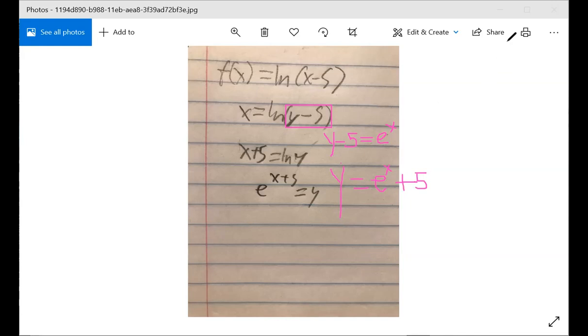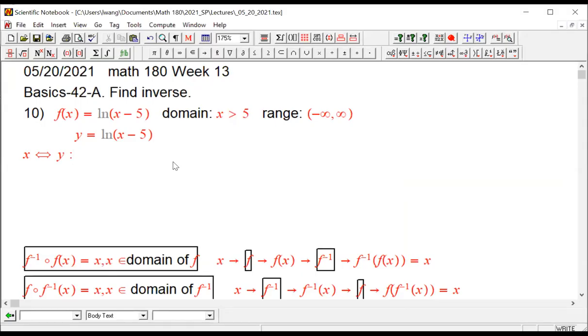And so let me go back to our previous screen, and I'm going to go over this. Resuming share. Okay. So here he did this. He did the swap, very good.